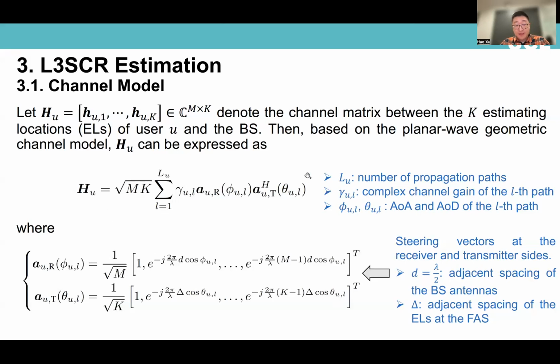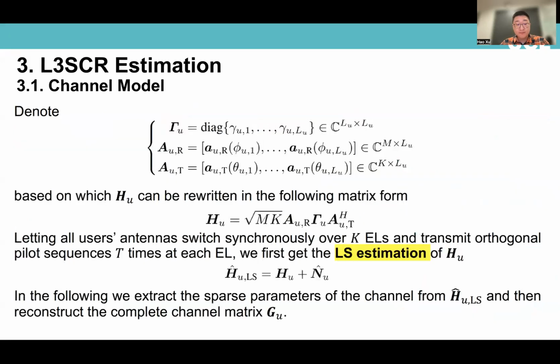Here, H is expressed as the summation of several terms. We can also express it in a matrix form. Denote matrices Gamma_U, A_UR, and A_UT. Then we can rewrite H_U in the following matrix form.